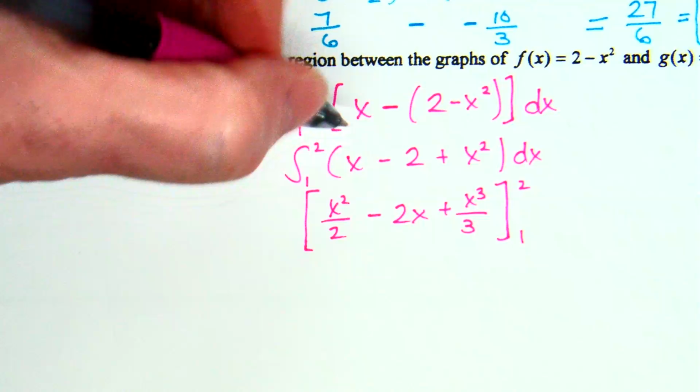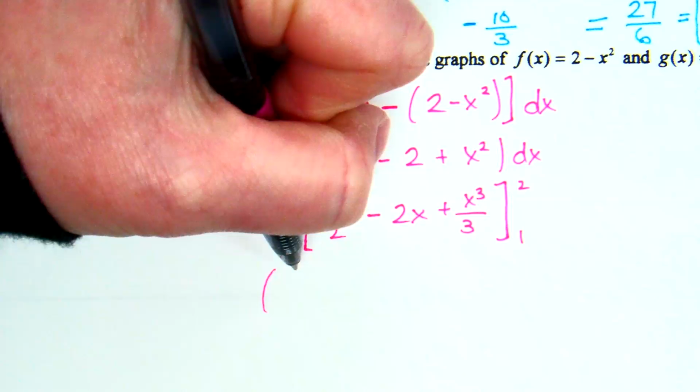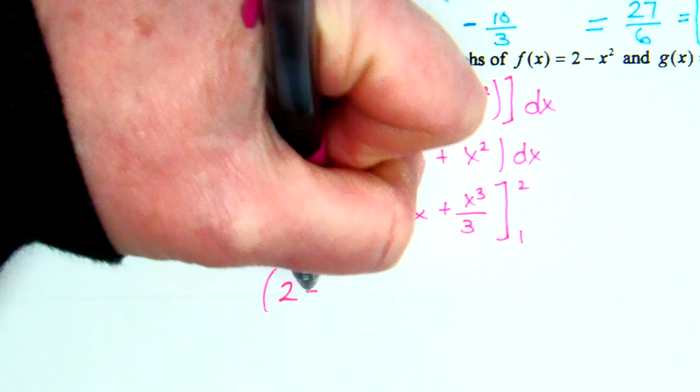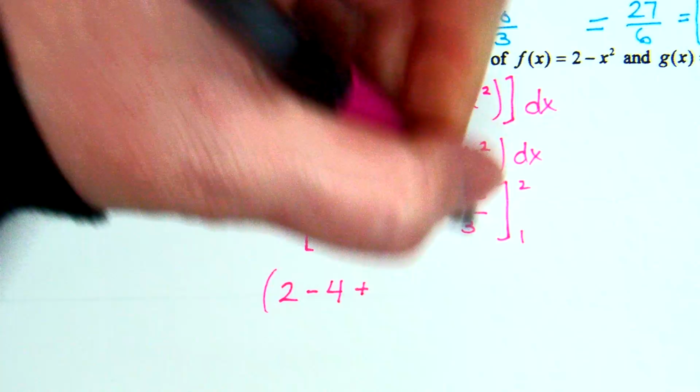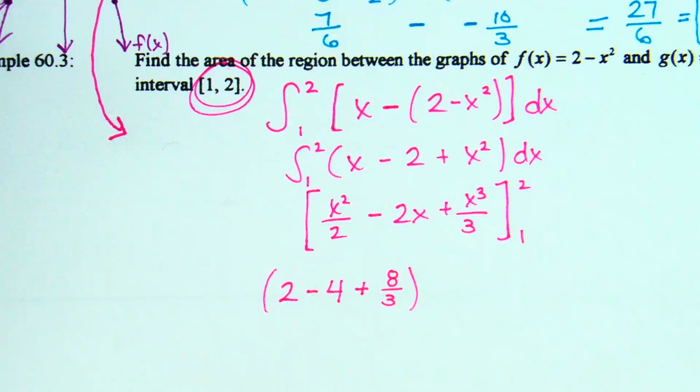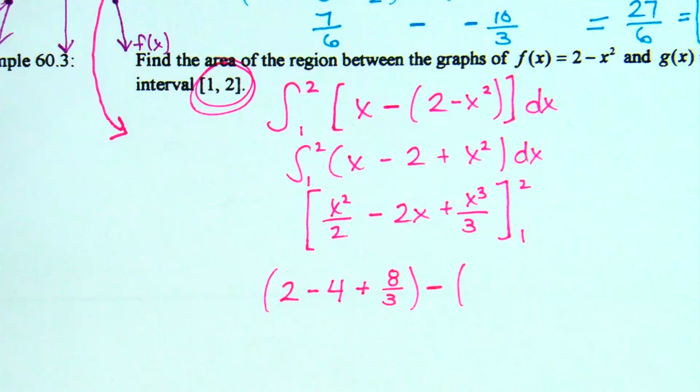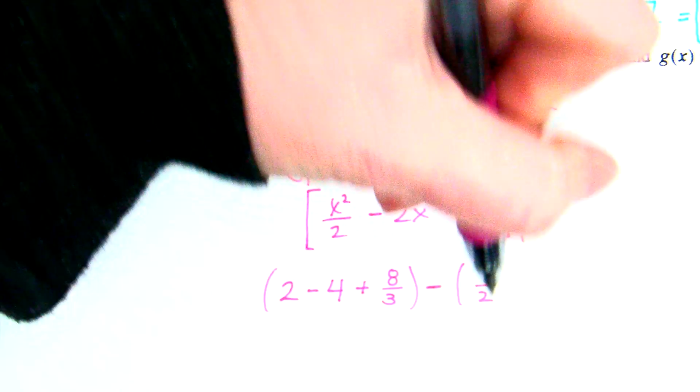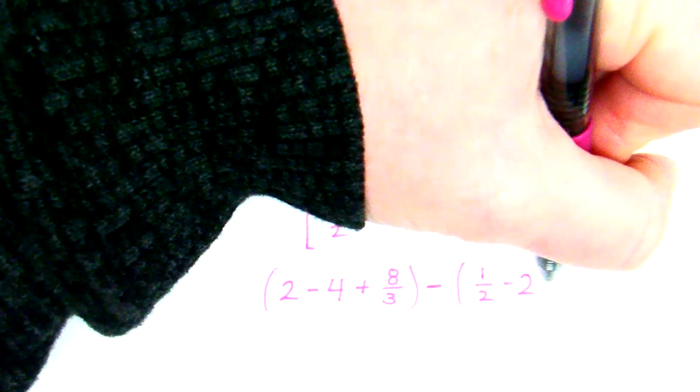So 2 squared over 2, so that is 2, minus 4 plus 8/3. Minus, now it's the quantity, we're plugging in 1, so 1/2 minus 2 plus 1/3.